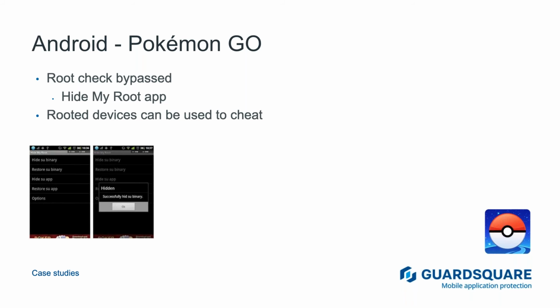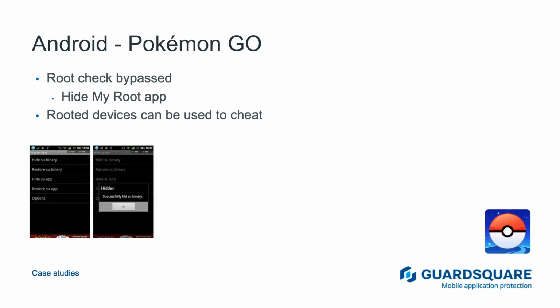Pokémon GO thought that this was, of course, an unfair advantage, and they tried to block that kind of behavior. Spoofing GPS locations is especially easy on rooted devices, so they implemented a root check themselves, and if the check detected that the app was running on a rooted device, the app would close.